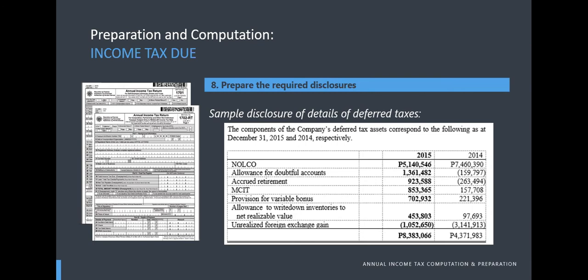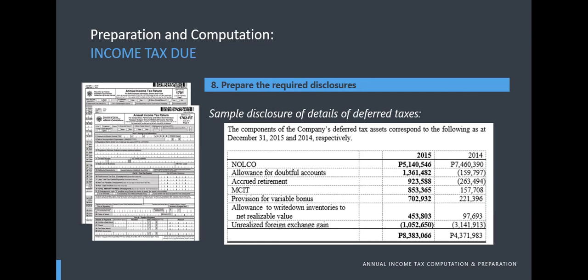So this is why the next one is the components of the company's deferred tax assets. The reason why we need to prepare a schedule of deferred tax asset is for the disclosure to the FS.